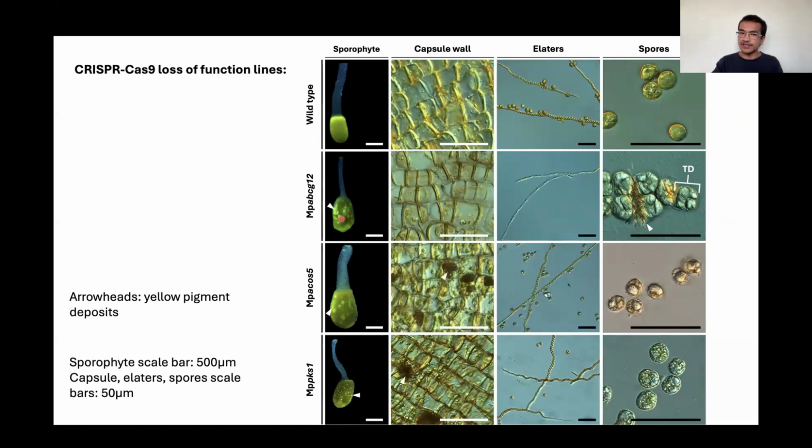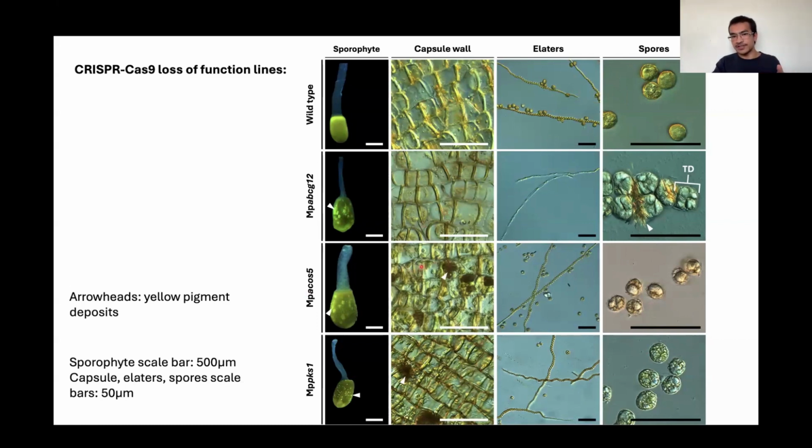We see in the wild type, pigmentation occurs across every single cell type and their secondary cell wall modifications, the capsule wall, the elaters, as well as the spores. But if we look at these cell types across all three of these mutants, pigmentation isn't really picked up.